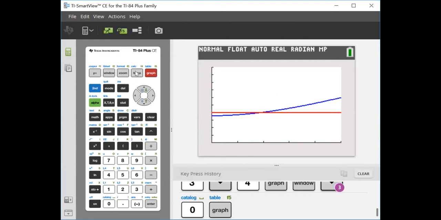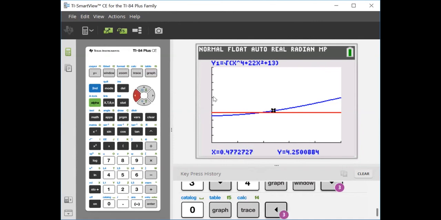And you can trace to see the value, to approximate the value. So the value is somewhere between 0.3 and 0.4, very close to 0.4.